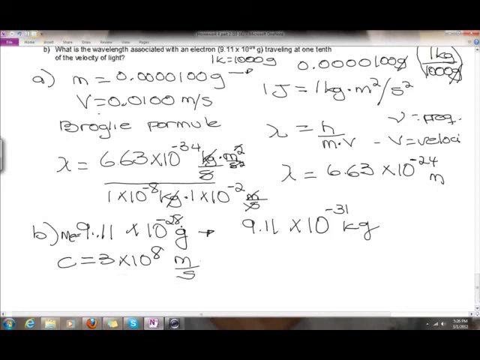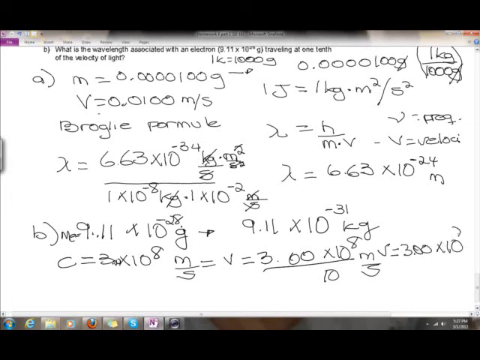So what would be 1/10? The velocity of this electron would be 3.00 by 10 to the 8 divided by 10 meter per second, so the velocity of this electron is 3.00 by 10 to the 7th meter per second.